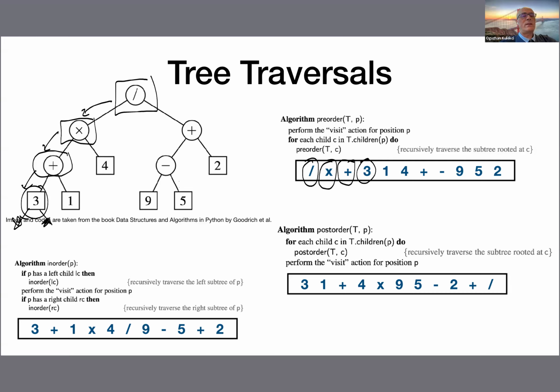What will happen? The execution will go back to its parent. And this means I will need to execute the second child's pre-order operation for this node. So we go to 1, okay? Print it, no left child, no right child, go to the parent. The parent doesn't have any more children, so we are done here.